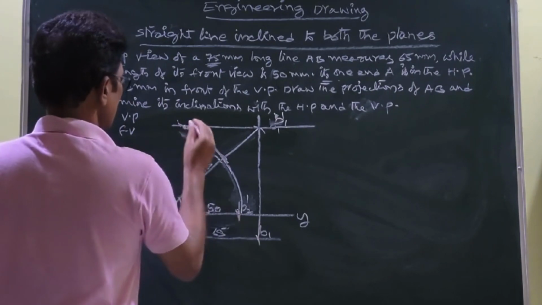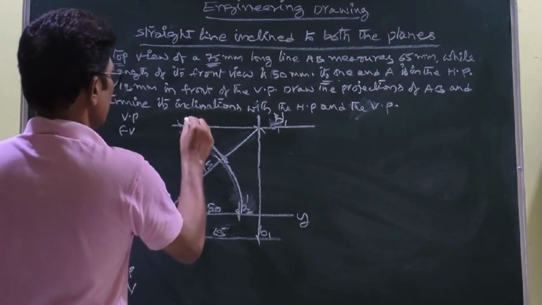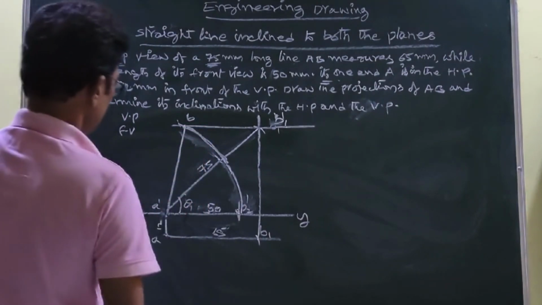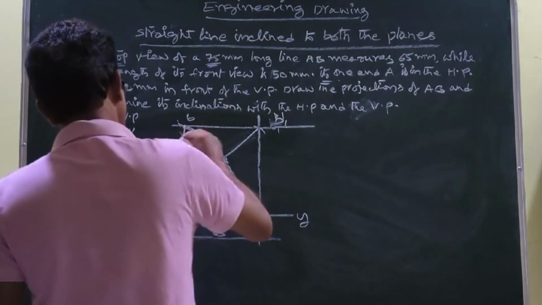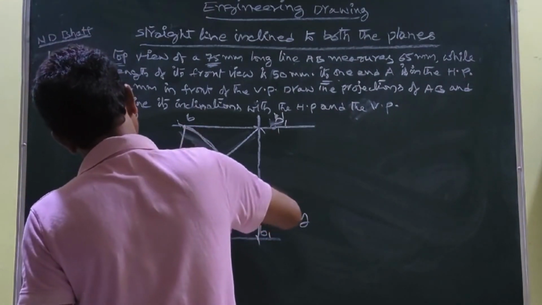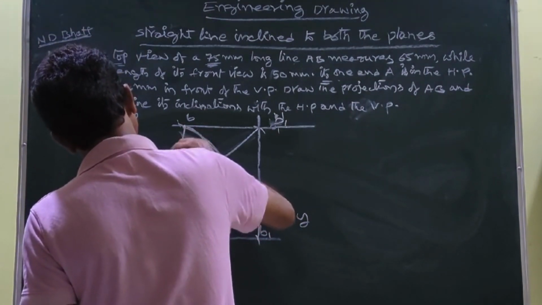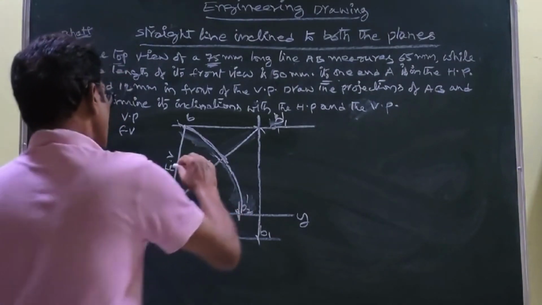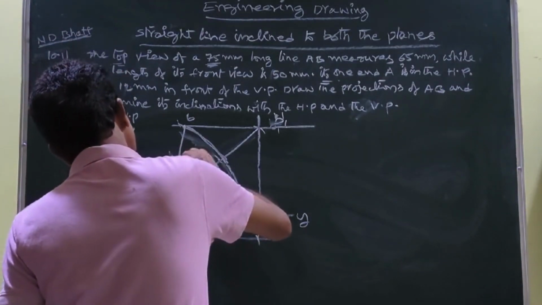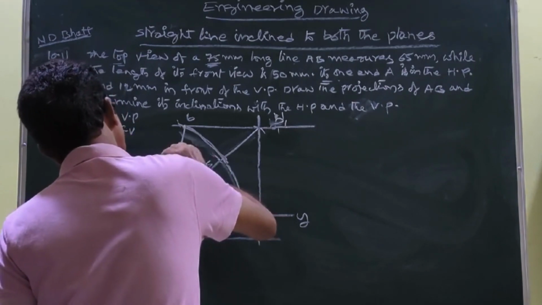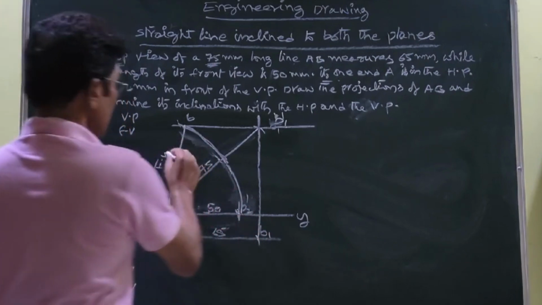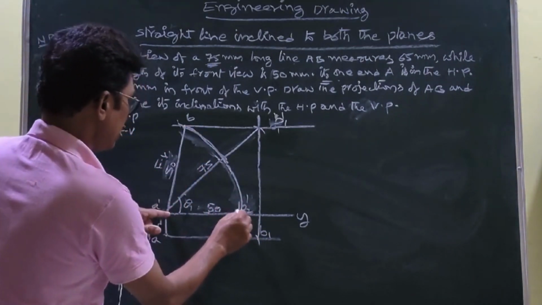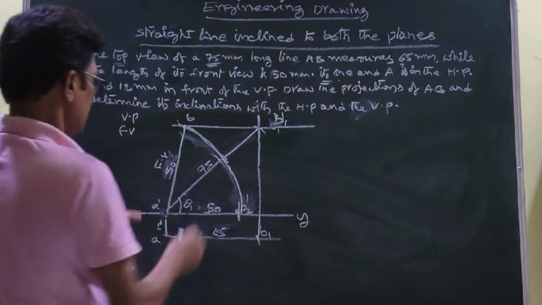So this is a locus point, so that this is the B point. You join this one. So this is a top view. This is the front view when the line is inclined to both the planes. So therefore this is also equal to 50. Please try to understand. So this part is over.